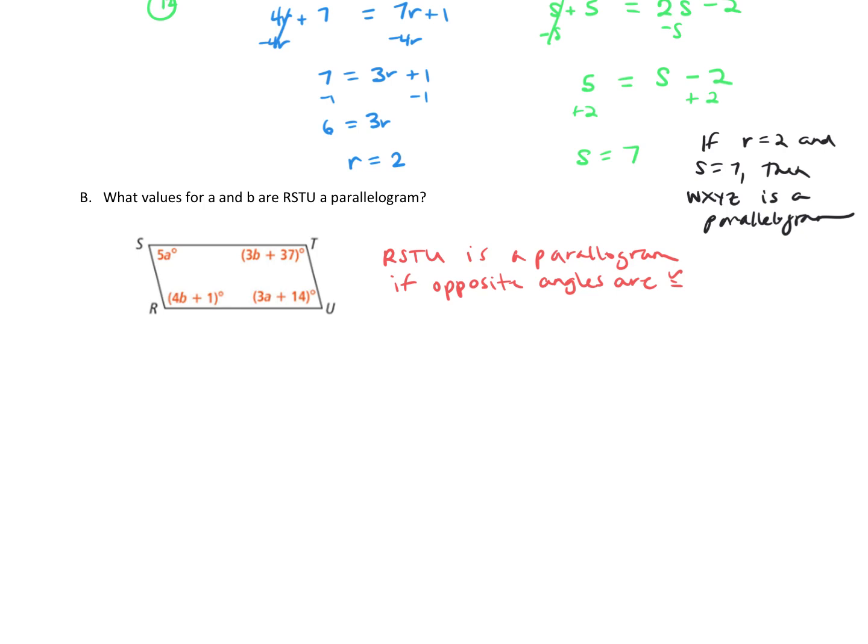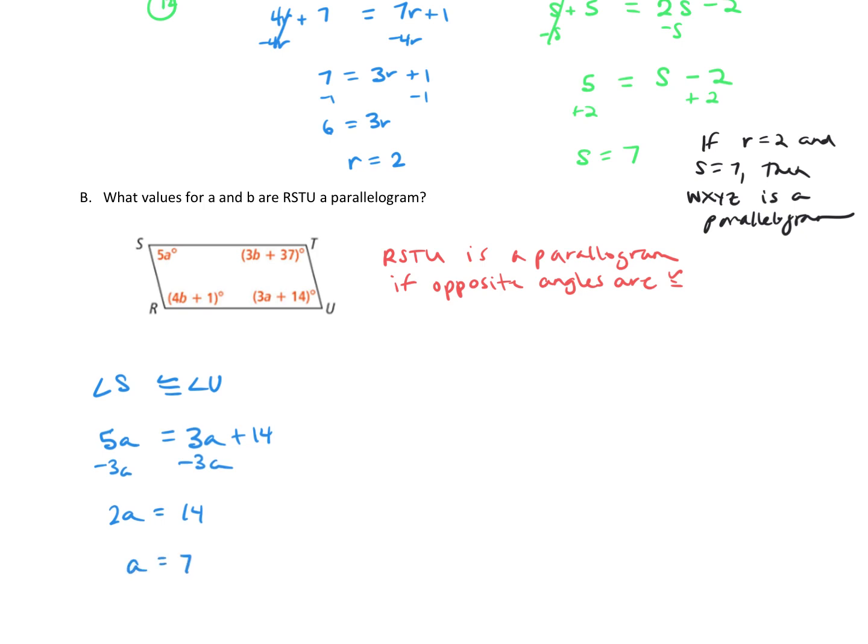Opposite angles being congruent means that angle S would be congruent to angle U. Let's go ahead and fill that in. Angle S is 5A. We can set that equal to angle U, which is 3A plus 14. Solving for A, we will subtract 3A from both sides. So 2A equals 14. Divide both sides by 2 and you get A equals 7.